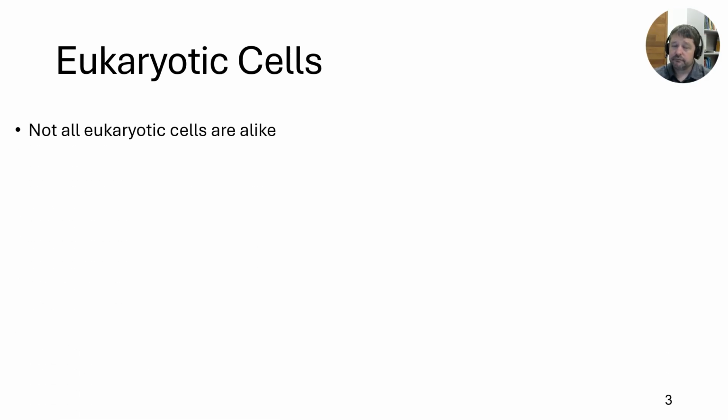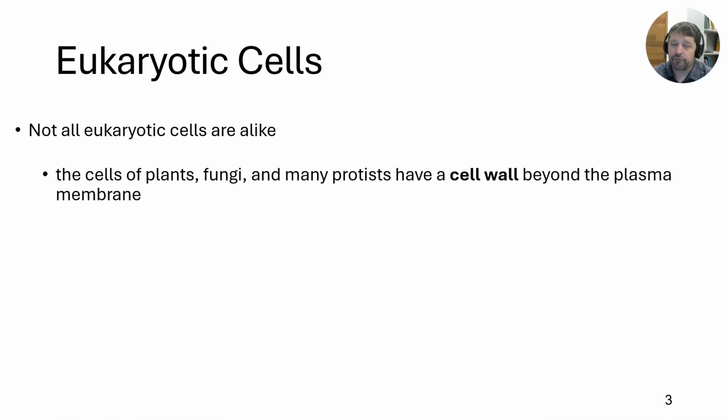Okay. Now, eukaryotic cells, being larger, more diverse, and more complex, also give rise to different types of eukaryotic cells. This is a good thing because cells have to have different functions. For example, plants, fungi, some protista, and of course bacteria have cell walls.